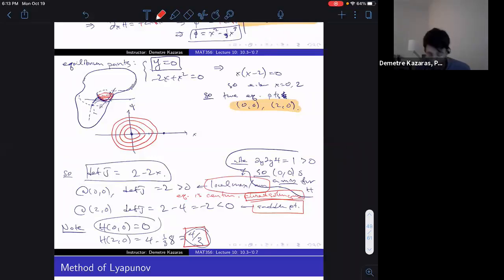In fact, let me tell you now, note the level set h of x, y equal to 4/3, the level set corresponding to 4/3, this separates the two different behaviors. Generally speaking, it is a level set which is not a point, and it contains a critical point. That is what makes it a separatrix.